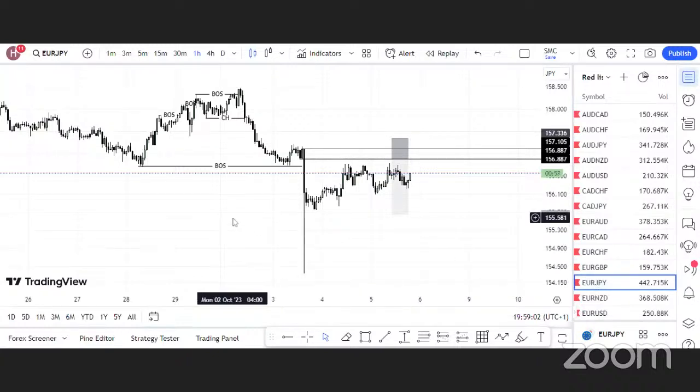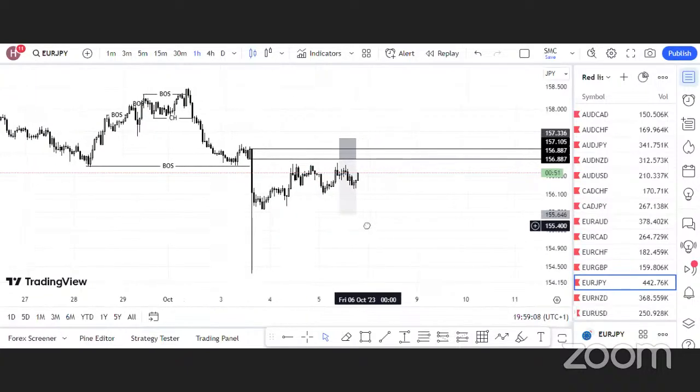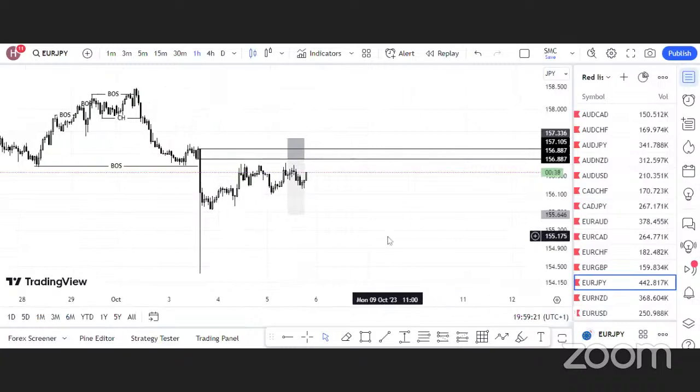This is how to make your analysis and take your trades very easily. So if there's any part you don't understand, you can always ask your question. But if you have no question, we are good.